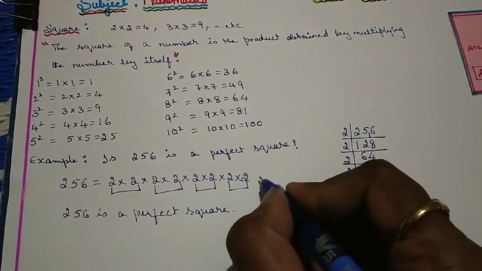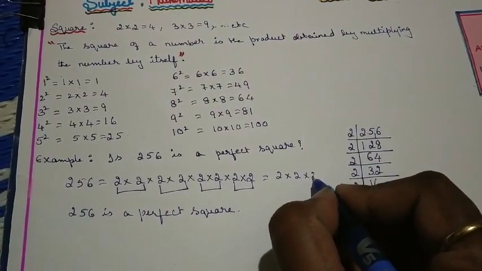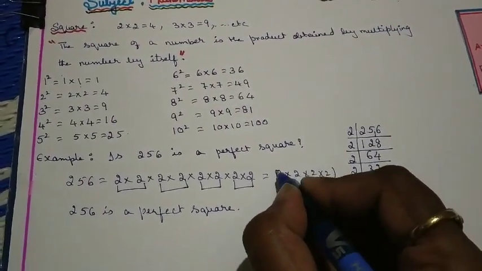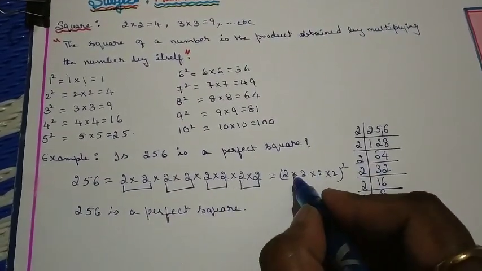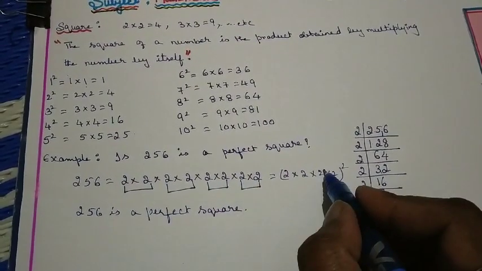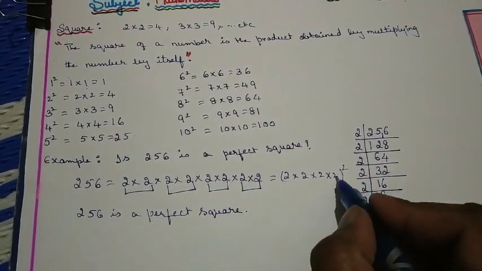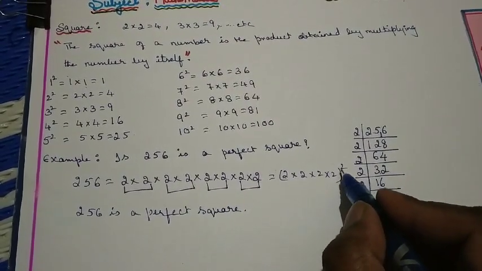Then this can also be written as 2 into 2 into 2 into 2 whole square. That is, this 2 one time, these 2s one time, these 2s one time, and these 2s another time. So 4 times. 2 into 2 into 2 into 2 whole square.